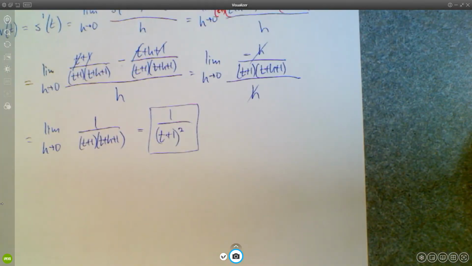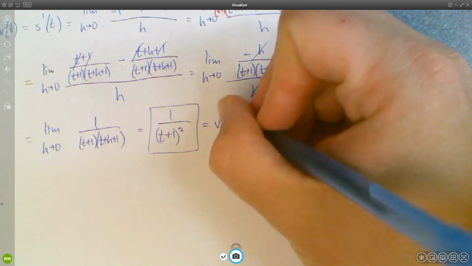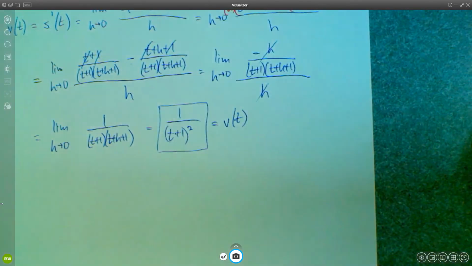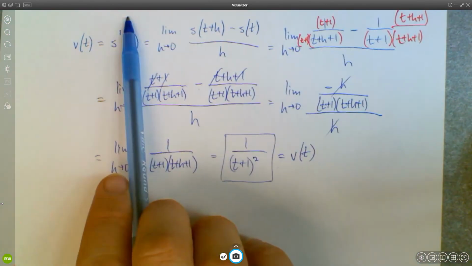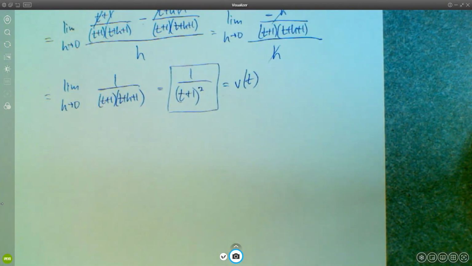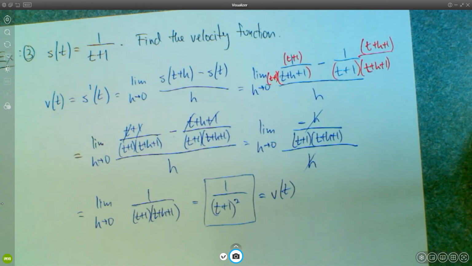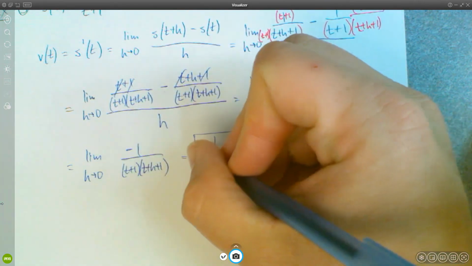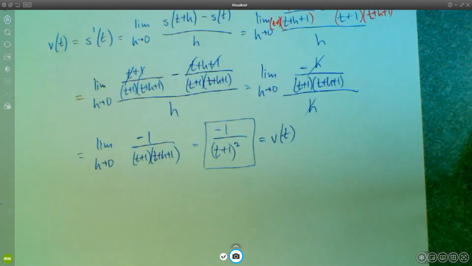So there's the velocity function. So if you know that the position function is 1 over t plus 1, then you know that the velocity function is negative 1 over t plus 1 squared. I missed the negative sign there. I apologize. Anyway, but there you go.